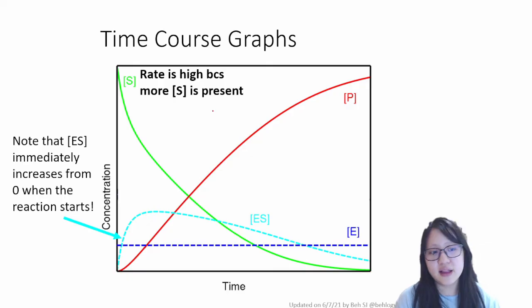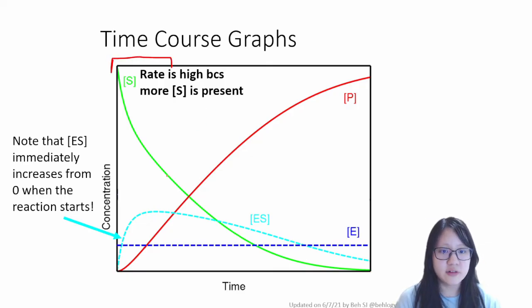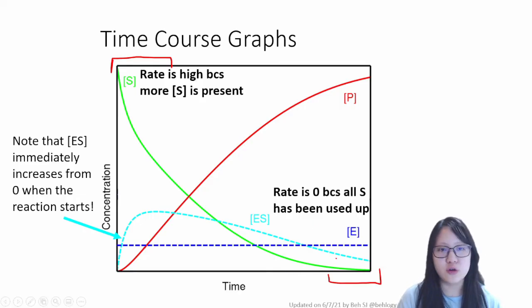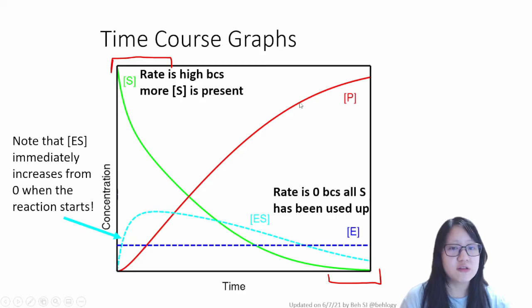Now, in all these situations we are talking about concentration. But let's talk about rate for a moment. At the beginning of the reaction, in this part, rate is high. There is more substrate present, a higher substrate concentration. But at the end of the reaction, rate is 0 because substrates have been all used up.